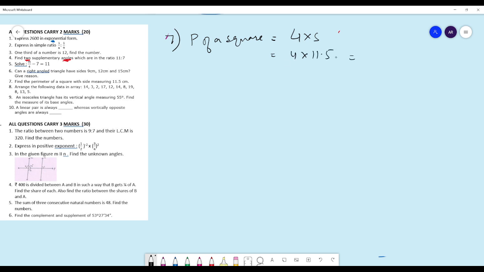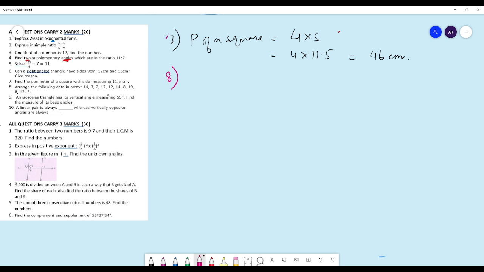And what do we get over here? Yes, 46 centimeters. So 11.5 into 2 is 23, into 2 is 46 centimeters. So it is as simple as that. The easiest of all. It is straight up an application of the formula.